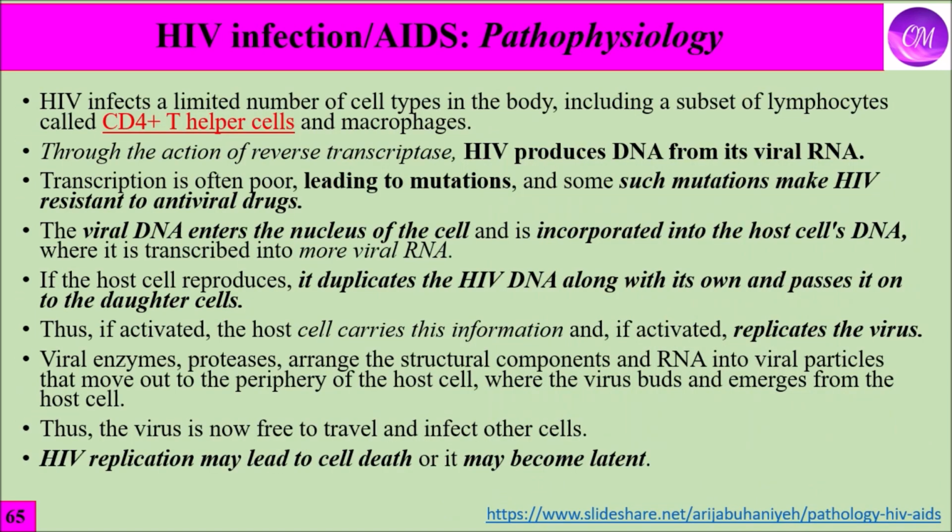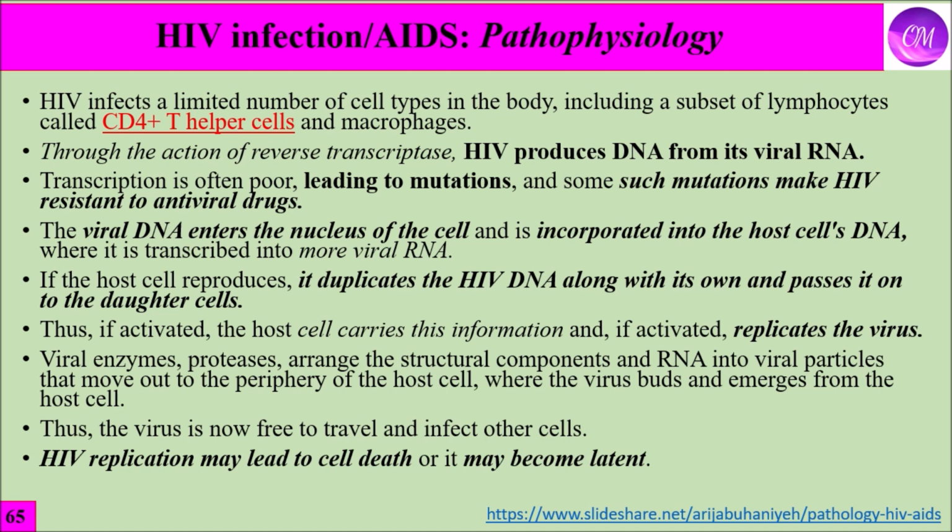HIV infects a limited number of cell types in the body, including a subset of lymphocytes called CD4 positive T helper cells, and macrophages. Through the action of reverse transcriptase, HIV produces DNA from this viral RNA. Transcription is often poor, leading to mutations, and some such mutations make HIV resistant to antiviral drugs.